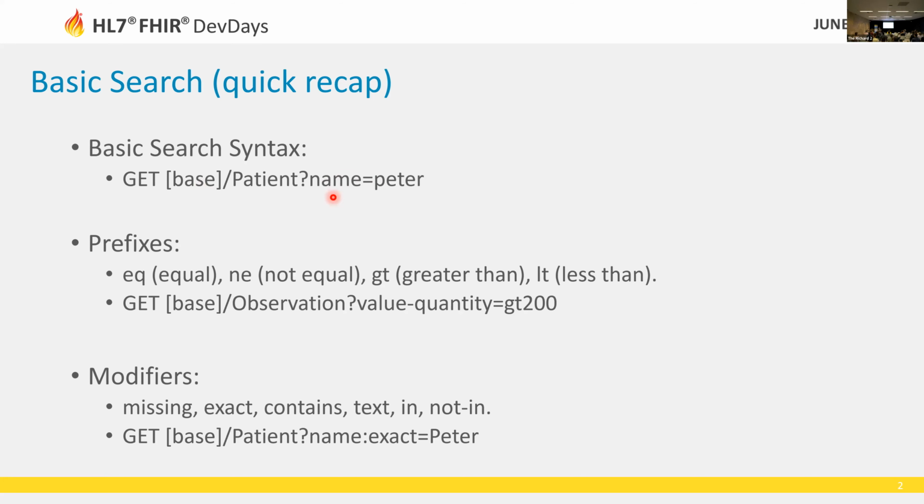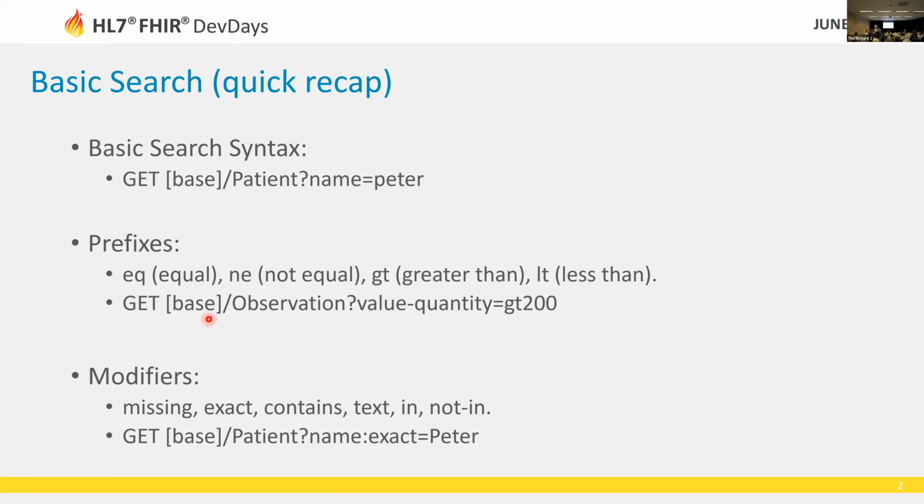So condition would have its own search parameters. Observation resource would have its own search parameters. And then we have prefixes to do things like comparisons, right?